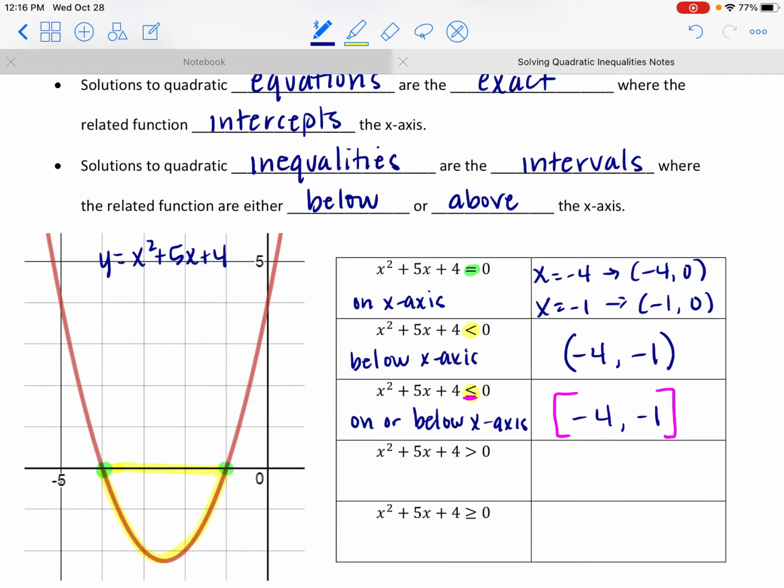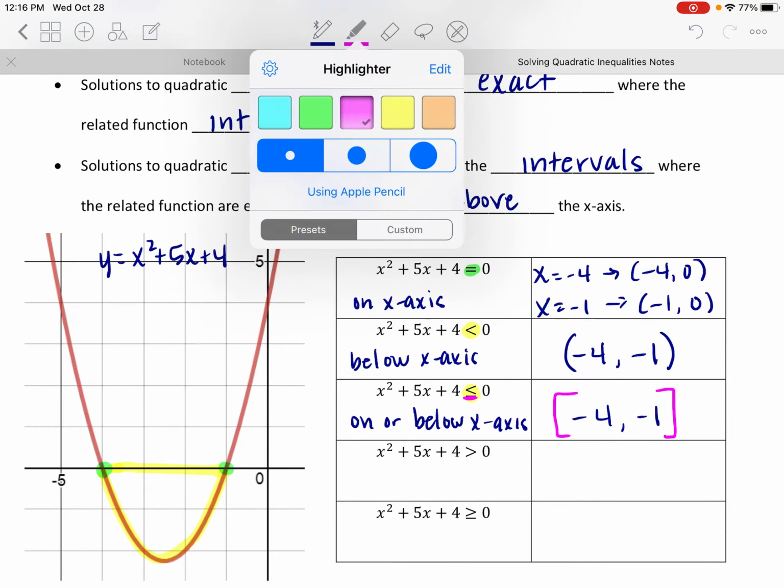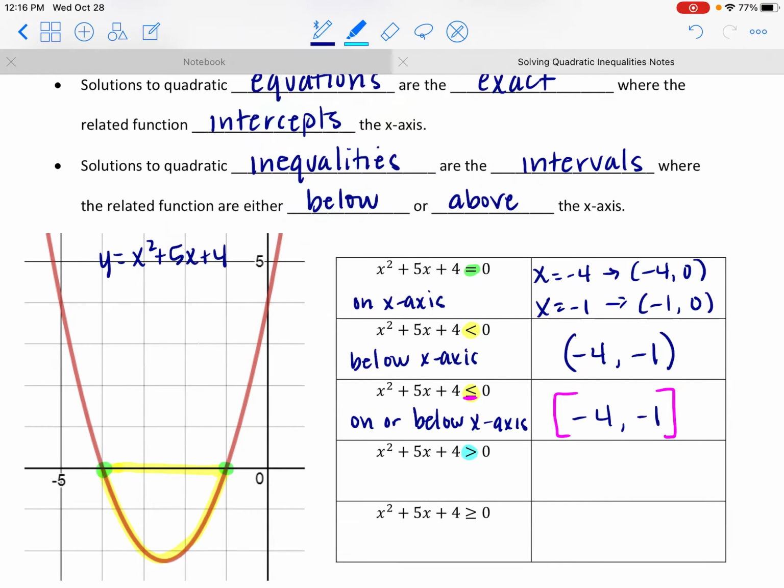Okay, now where is the function greater than 0? Where is that quadratic greater than 0? Greater than 0 is going to be above the x-axis. So this portion is above, and this portion is above, and this first portion corresponds with all the x values before -4, and the other portion corresponds with all the x values after -1.